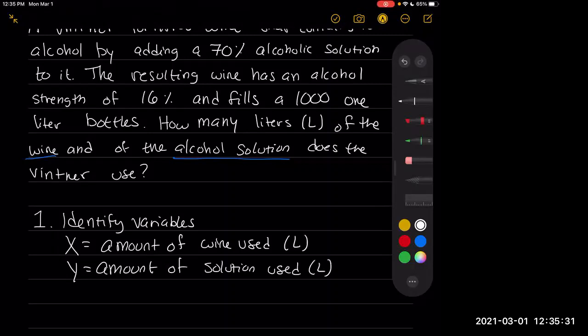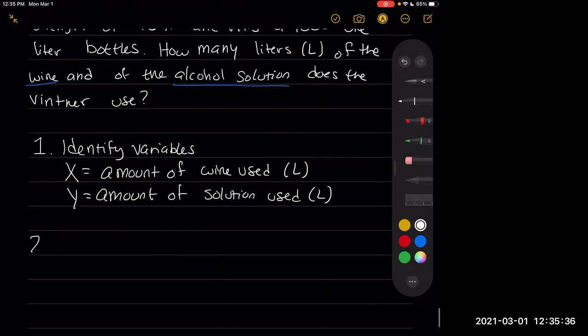Okay, so then our second step is going to be to express the unknown quantities. We're going to do a similar thing with our table.